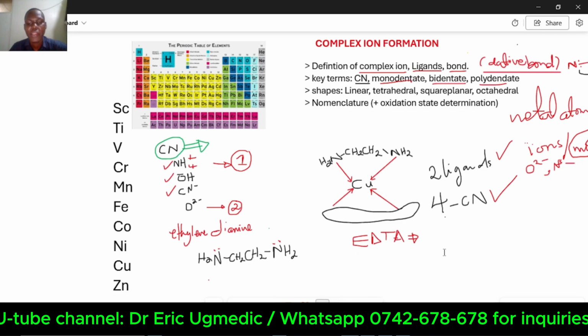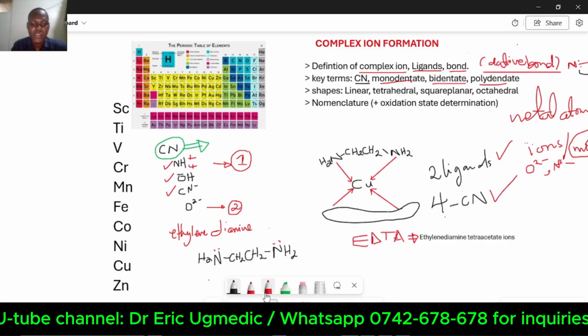If you may need the name, I can write it here: ethylene diamine tetraacetate ions. So this is the common example we use, EDTA, tetraacetate ions. Instead of acetate, someone can just say acetic acid ions, you get?